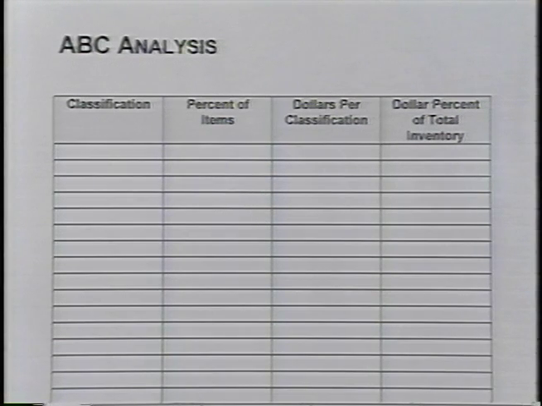As an example, if I had 4 A items, and that was 4 of 12, then the percentage of items would be 33 1/3. I would go back to the preceding page to get the dollars per classification and also the percentage of those dollars. And that is done once a year, the annualization of the ABC analysis.